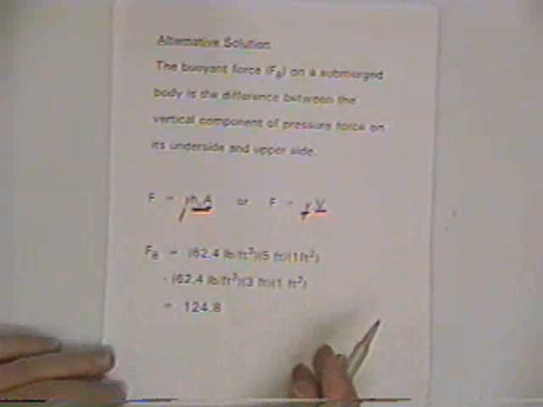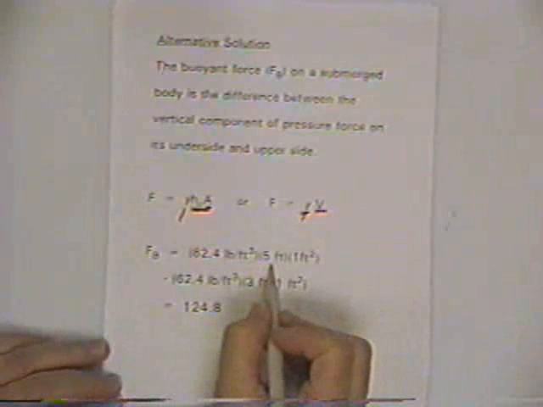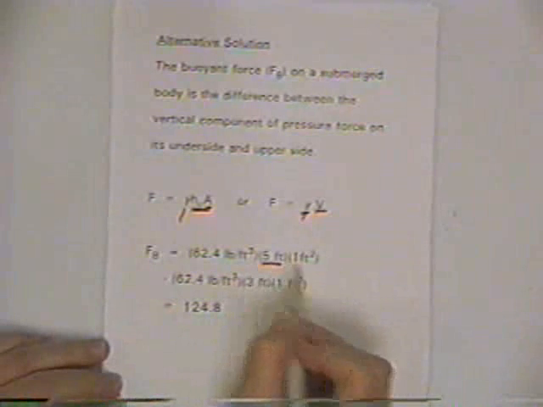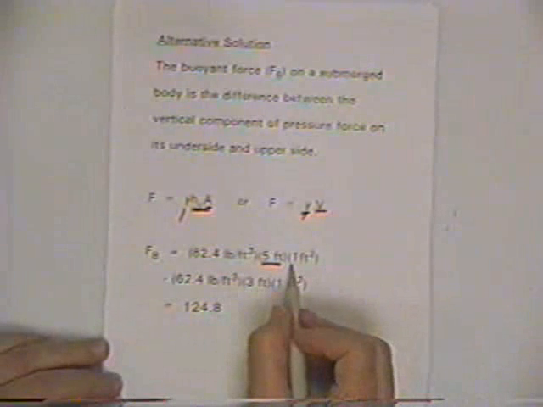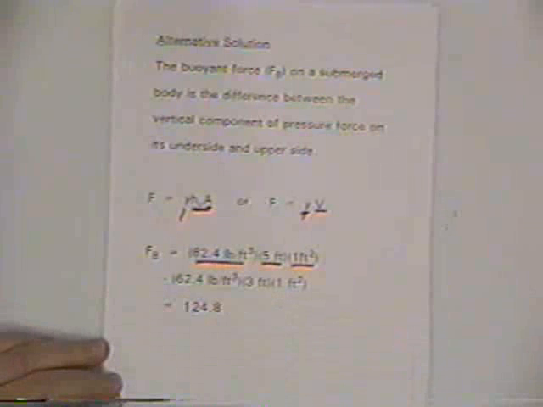And so to compute the buoyant force, acting on the underside is 5 feet deep. There's 5 feet of head. We've got an area of 1 square foot. We've got a unit weight of 62.4 pounds per cubic foot.